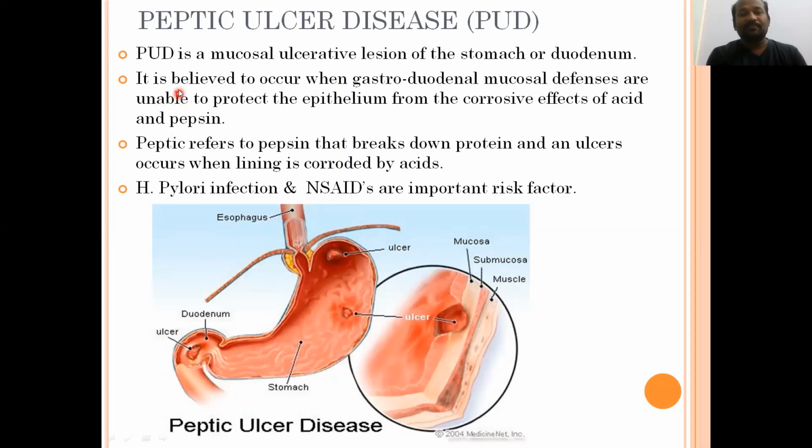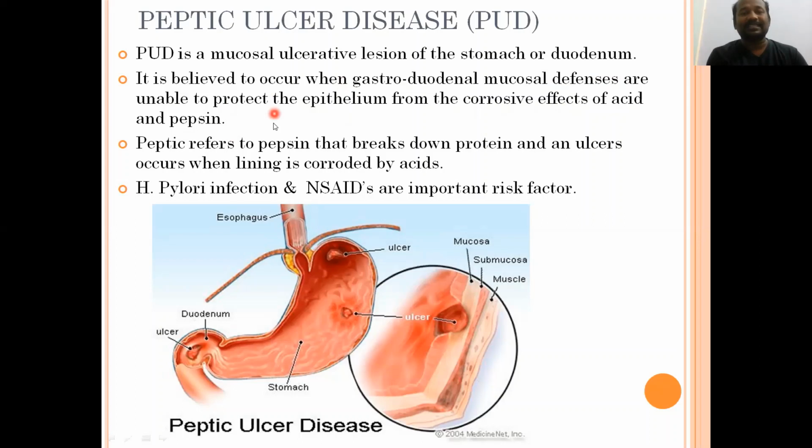It is believed that peptic ulcer disease occurs when gastroduodenal mucosal layer defenses are unable to protect the epithelium from the corrosive effect of acid and pepsin. So when the mucosal layer is unable to protect itself from the acids and pepsin.